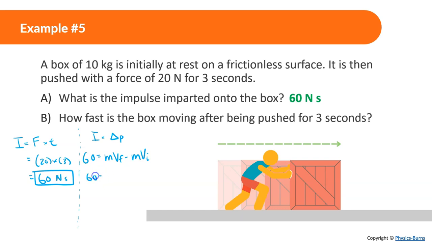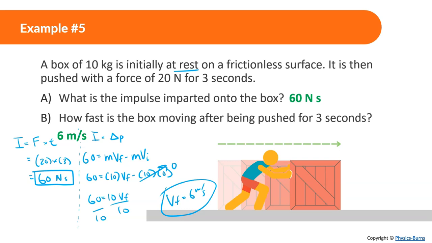So we know 60 is equal to mass, which is 10, times velocity final, which is what we're looking for, minus mass, which is 10, times velocity initial, which is 0. It's initially at rest. So let's simplify this. 60 is equal to 10 VF, and this is just 0. So we could divide both sides by 10, and we get velocity final is equal to 6 meters per second.